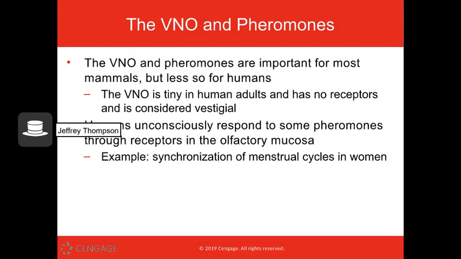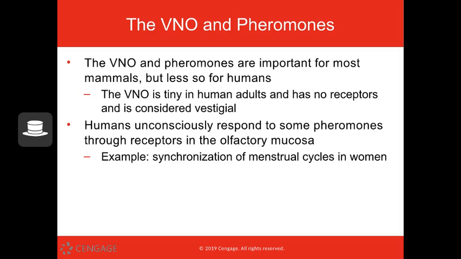The VNO and pheromones are important for most mammals, but less so for humans because we don't always choose our mates based off of how they smell, even though them smelling nice is nice. The VNO is very tiny in human adults and has no receptors, so it's considered vestigial.